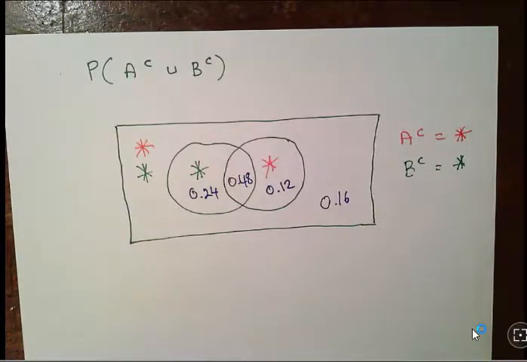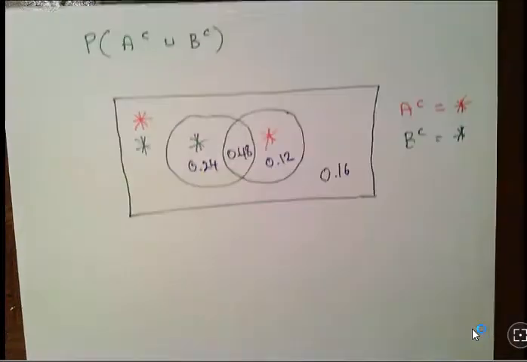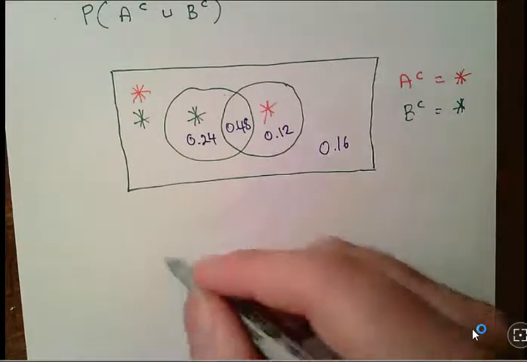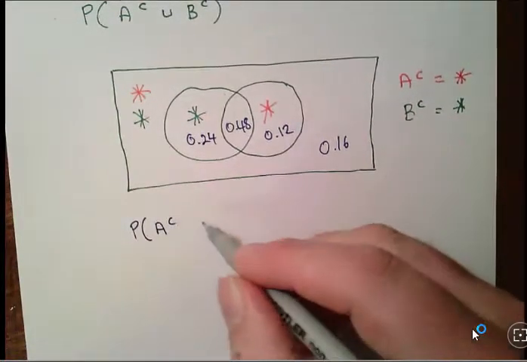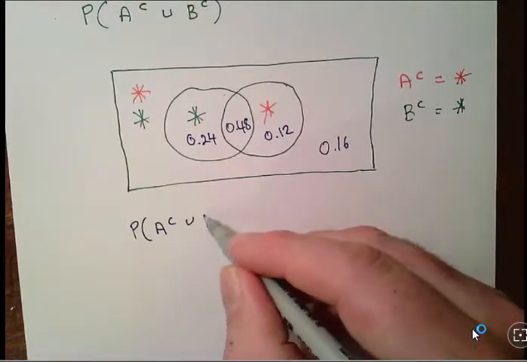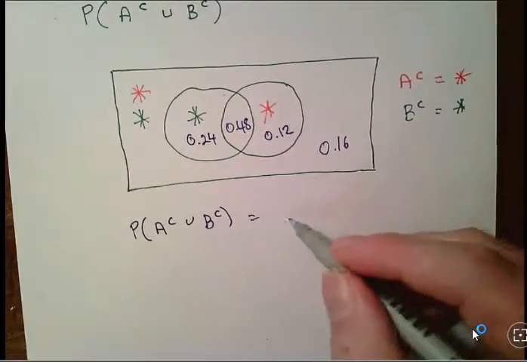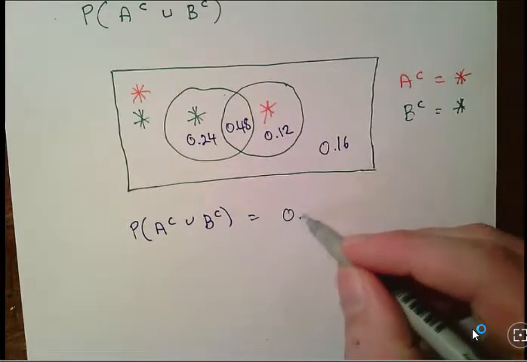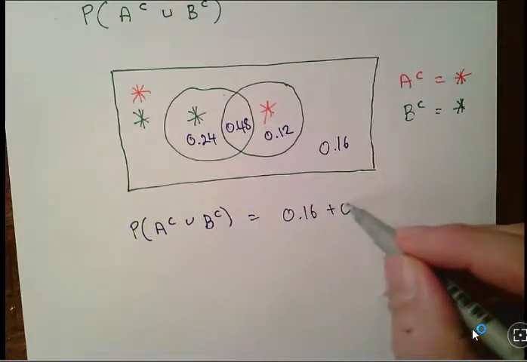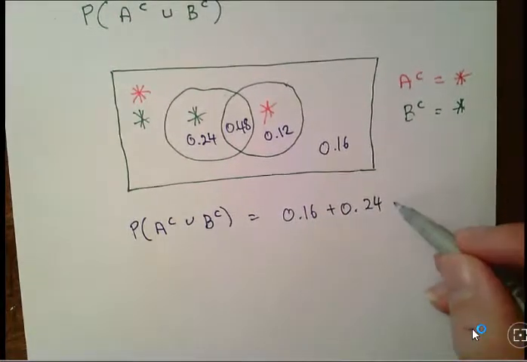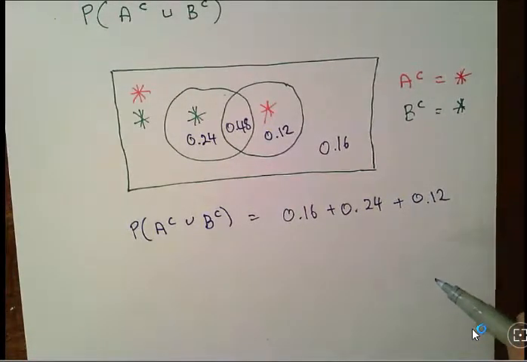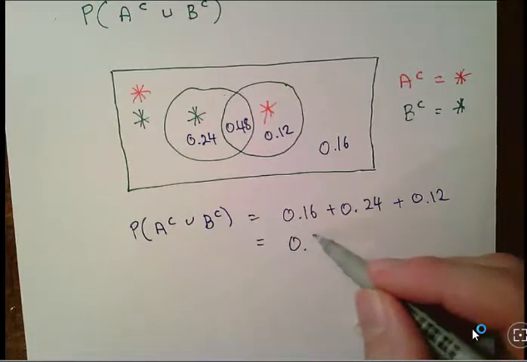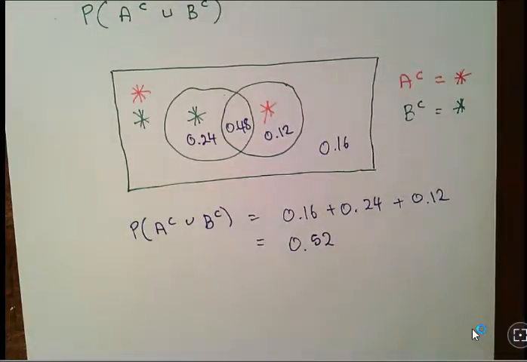Essentially we want to add up the probability of all of the regions that have stars. So the probability of A complement union B complement is 0.16 plus 0.24 plus 0.12. Totting that up, that should work out to be 0.52. So that is the answer we are looking for.